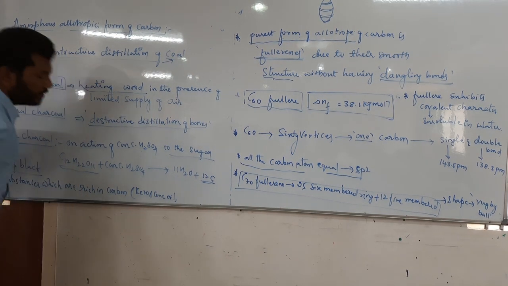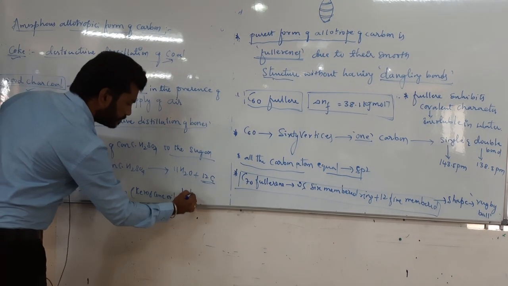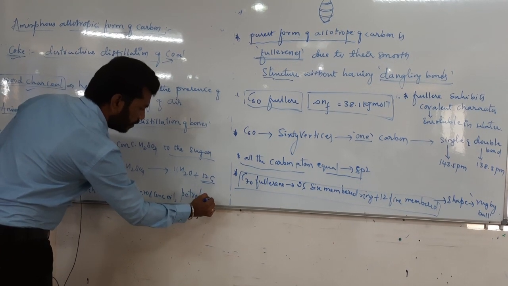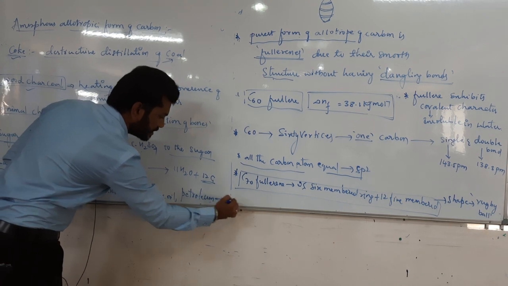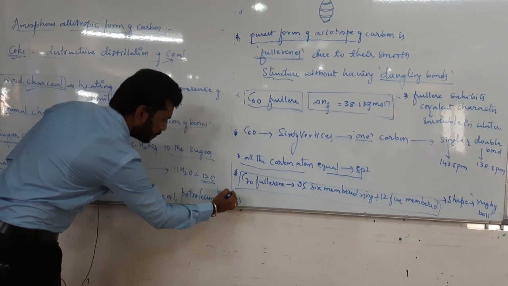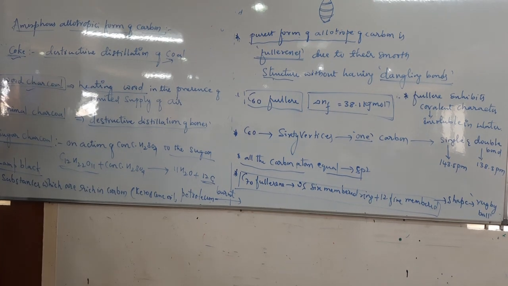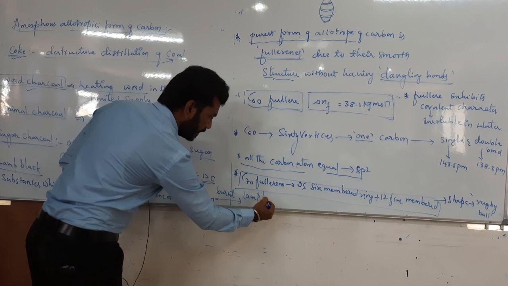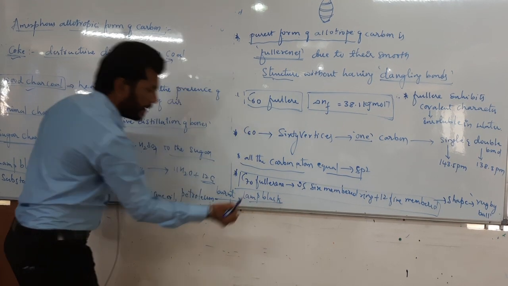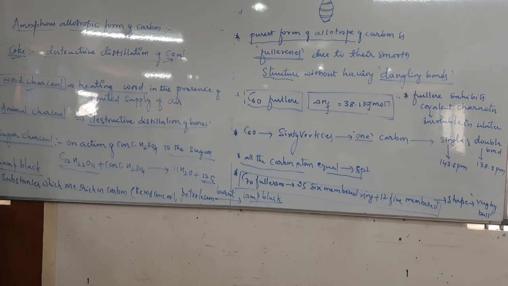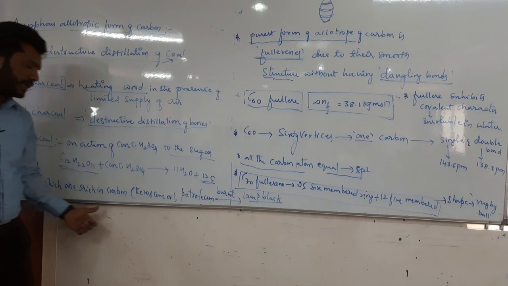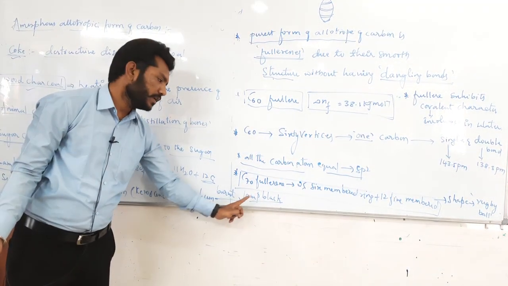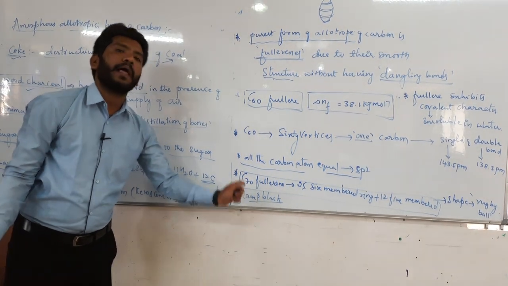If you burn these substances, we get what we call lamp black. So substances rich in carbon content, like kerosene oil or petroleum, if you burn them, ultimately we get lamp black.